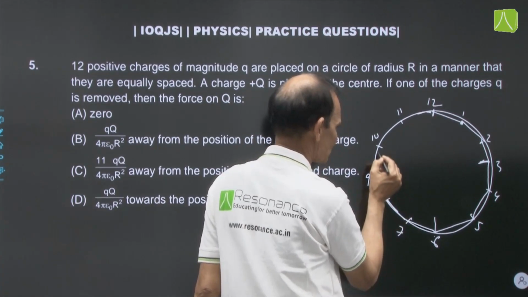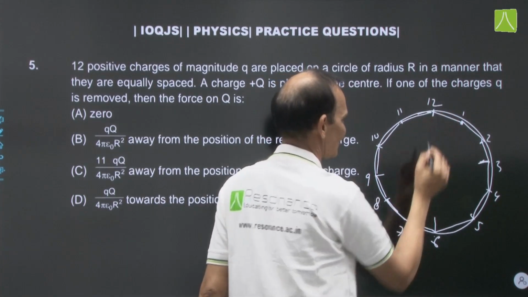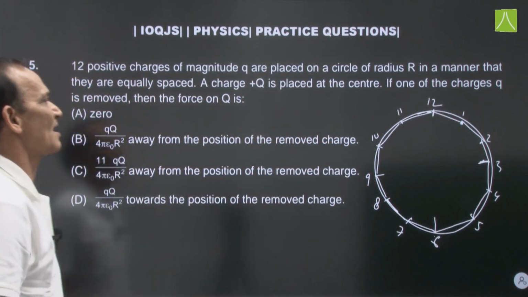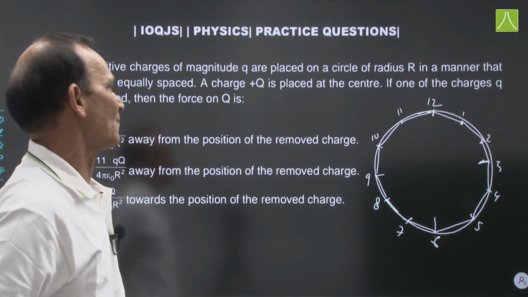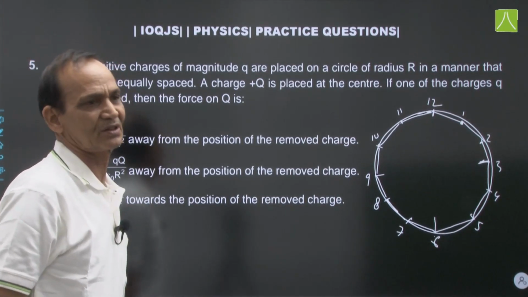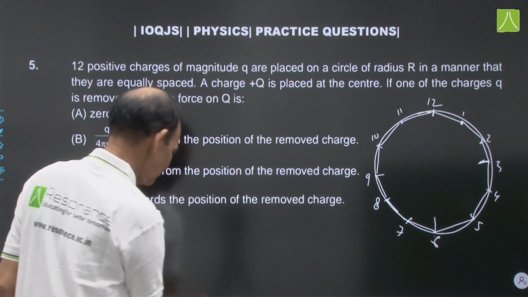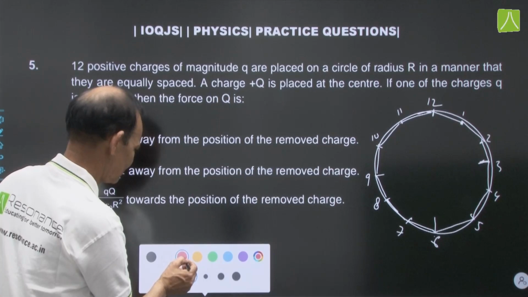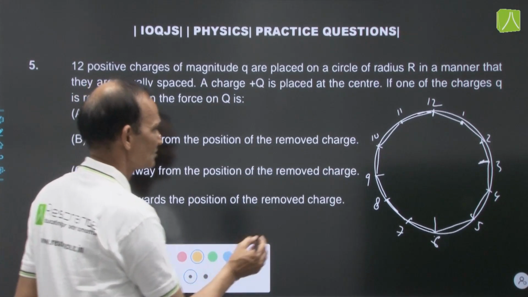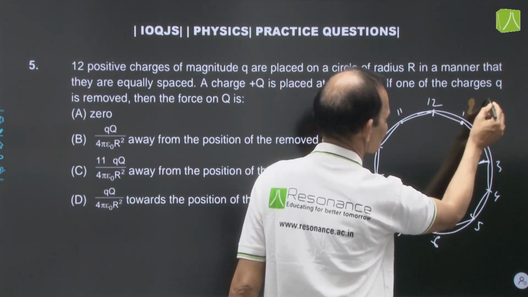Or think about the previous question, we have said that if equal charges are placed at the corners of a regular polygon, here is Q, here is small q, all charges are small q.